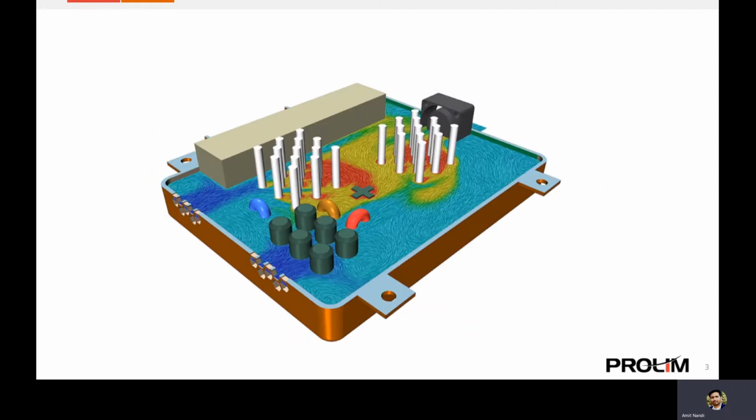Let's take an example of this computer casing, wherein the engineer has to design this casing by considering all the parameters of these air vents and the fins and then the heat sink and the fan.